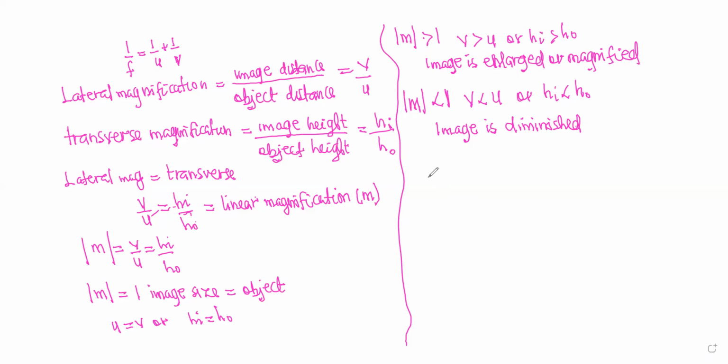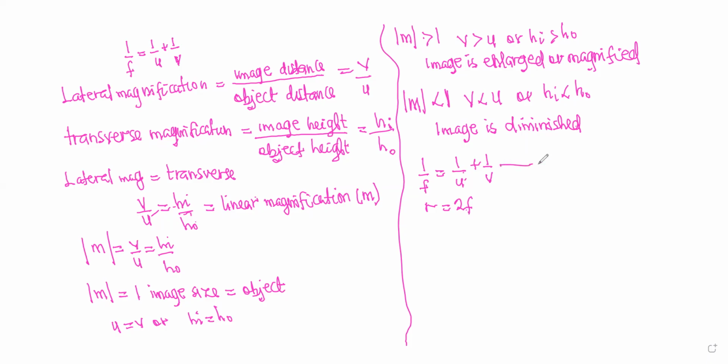Now, in applying the mirror formula or equation, the mirror formula itself is 1 on F equals 1 on U plus 1 on V. We can also modify this equation using the relationship between radius of curvature and focal length. Radius of curvature is equal to 2 times the focal length.